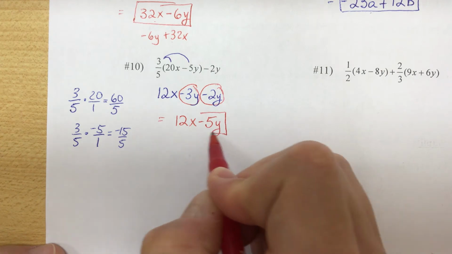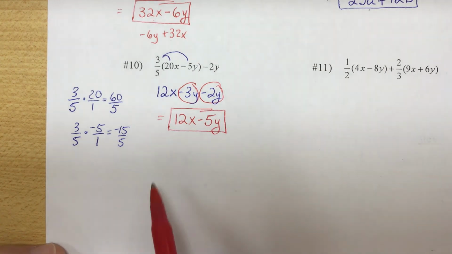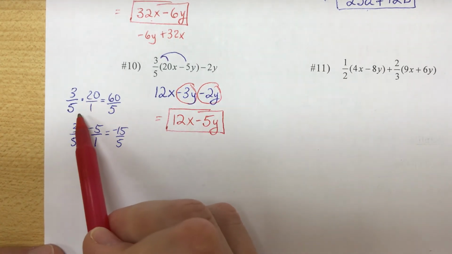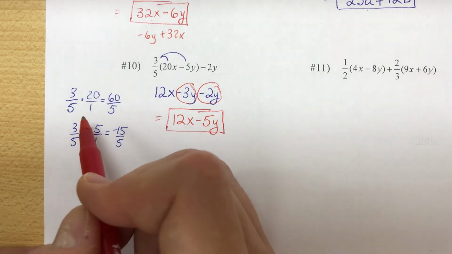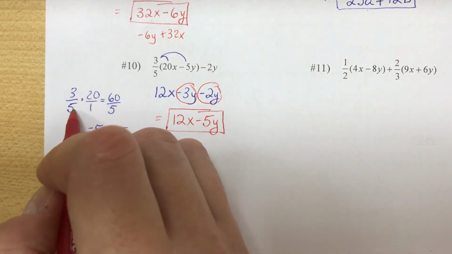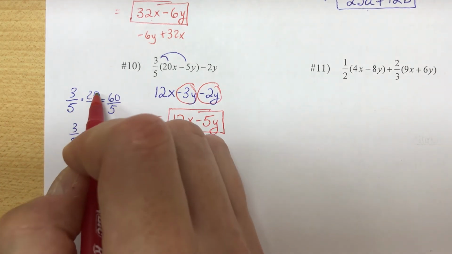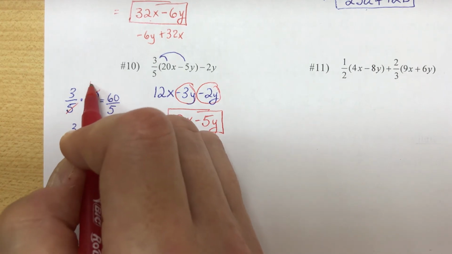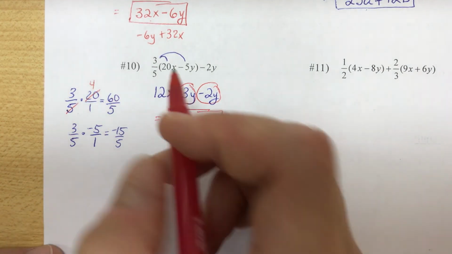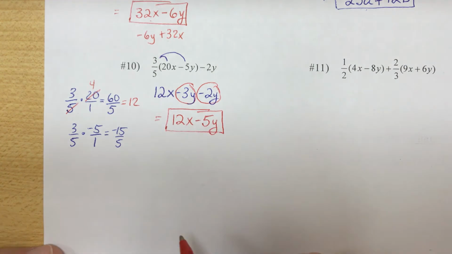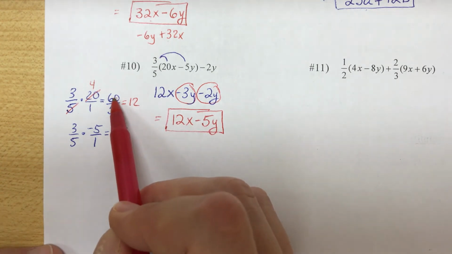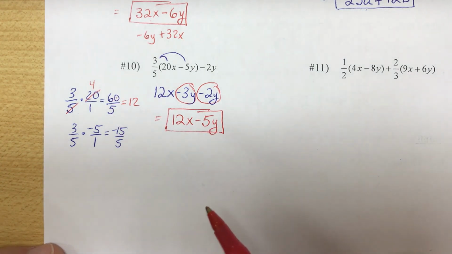And now we are done with that problem. One other thing with the fractions, we can make this even easier. I can do the division first. 20 divided by 5 is 4, and 3 times 4 is 12. That might be easier than taking 60 divided by 5.